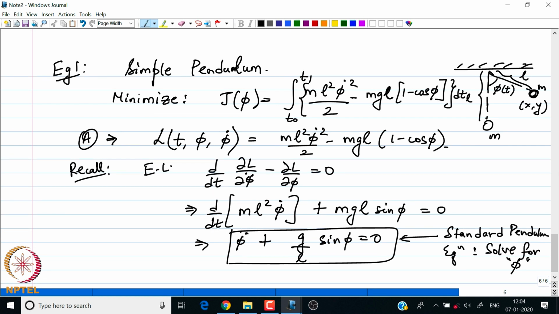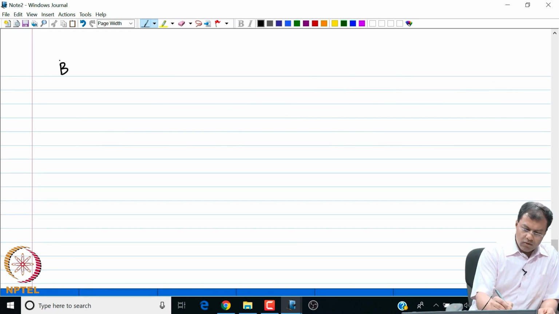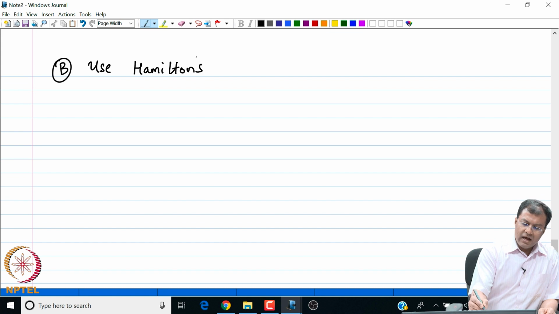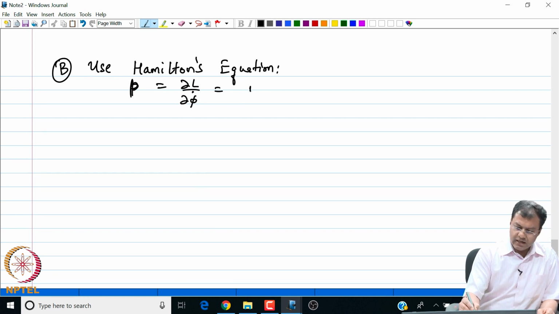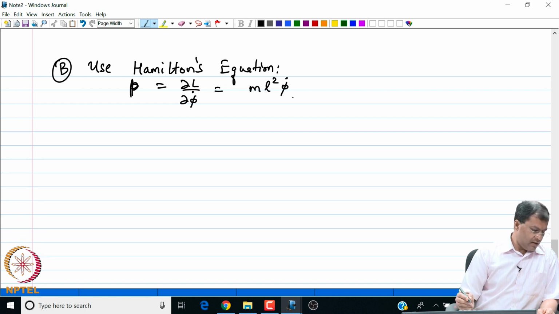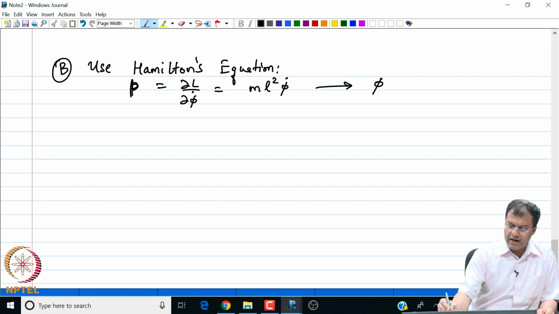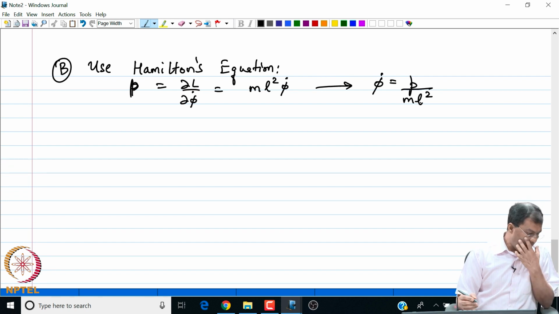So let us see what happens when we use Hamilton's equation. Now I am going to use Hamilton's equation. For that I have to set up the conjugate variables. This is a one dependent variable problem, so my P is partial L partial phi dot, and by definition of the Lagrangian it comes out to be m L square phi dot. From here I can see that phi dot is equal to P by m L square.